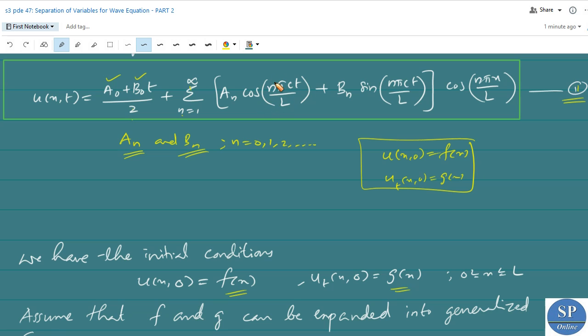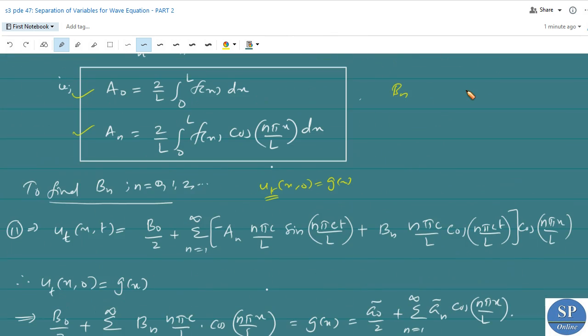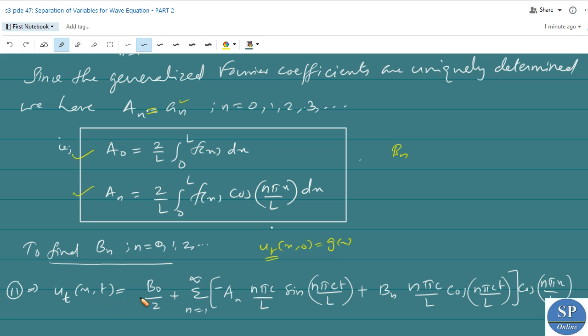Differentiating this with respect to t, we have A_n into nπc/L into minus sin(nπct/L), plus B_n into nπc/L into cos(nπct/L), into cos(nπx/L). So u_t(x,t) is equal to B_0/2 plus the summation n from 1 to infinity of [minus A_n nπc/L sin(nπct/L) plus B_n nπc/L cos(nπct/L)] cos(nπx/L). So we are differentiating with respect to t here.